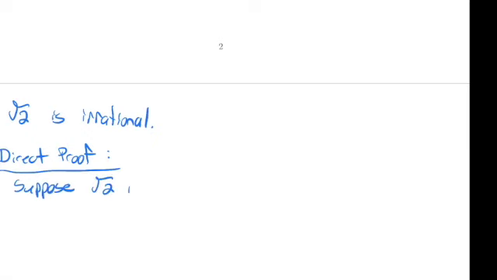Okay, this is not a conditional statement at all. There's no if, then. There's just one statement. Square root of 2 is irrational. So since this is not a conditional statement, we think about, okay, let's say we wanted to try and do this by direct proof. Right? We can't do that because we can't suppose the thing that they're asking us to prove.